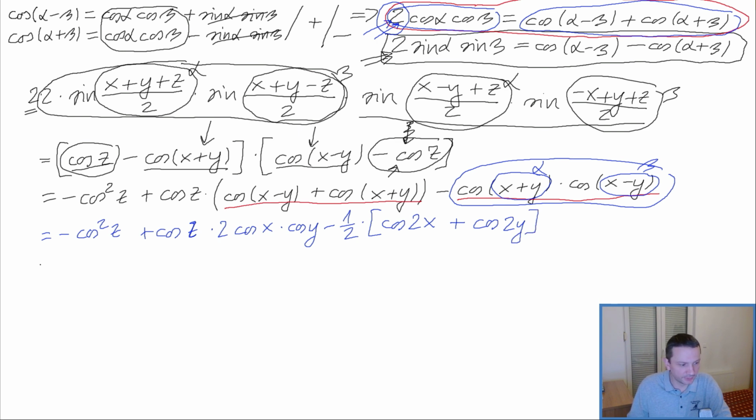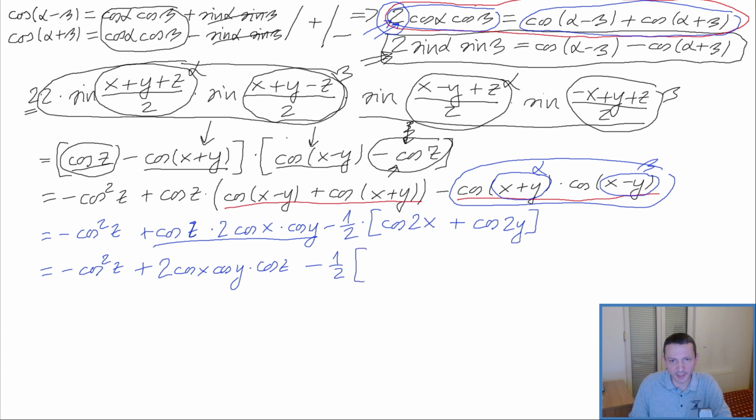Okay, and the rest is pretty straightforward. Minus cosine squared z is one term which we need to obtain, which is one term of the left, plus this is also one term on the left. This is 2 cosine x cosine y cosine z, and minus 1/2.